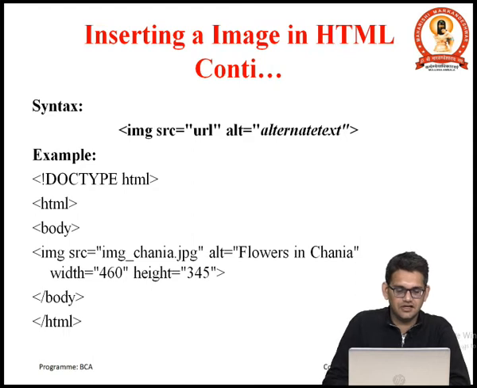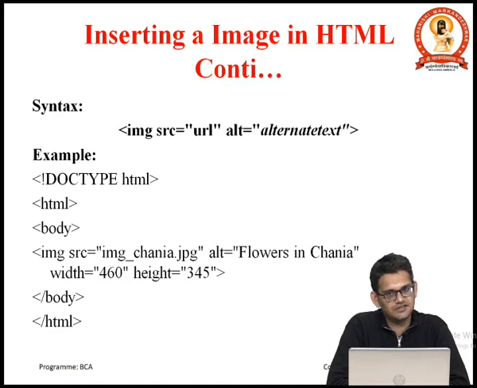You can see here an example is given. We will start our code from the doctype HTML, and we will start the HTML tag, and within the body, as we have already discussed, is where we can write the code. You can see here within the body tag we have added our image tag, with src, the name of that image, and we have provided the alternative text, flower.